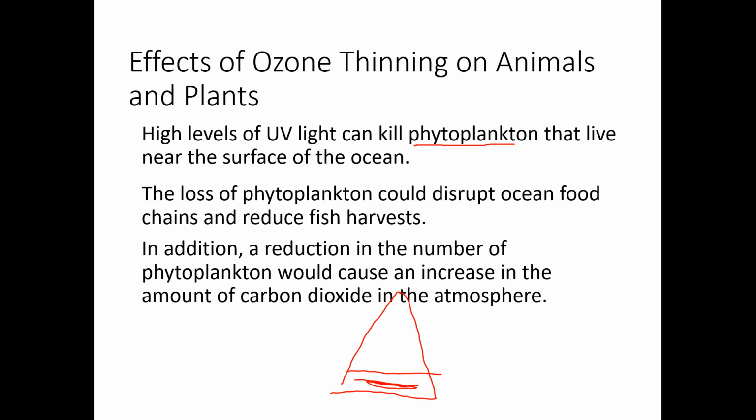If you're reducing and killing off the amount of phytoplankton because you have more UV light, then you're going to be reducing the amount of fish that are going to be produced further up on the food chain. And that's going to decrease the amount of fish that can be caught in fisheries, harm local and global economies, and just can disrupt complete food chains and food webs.